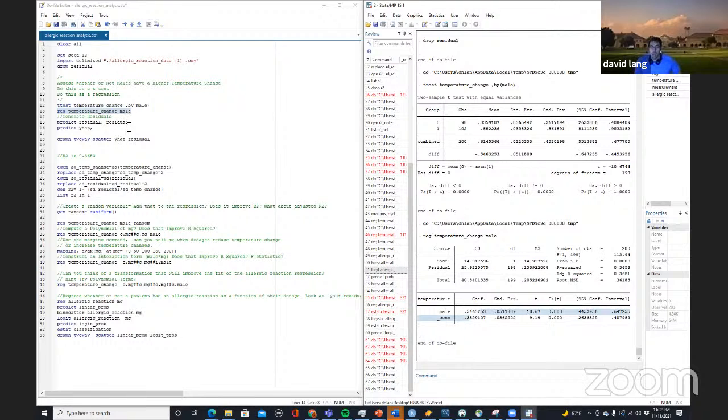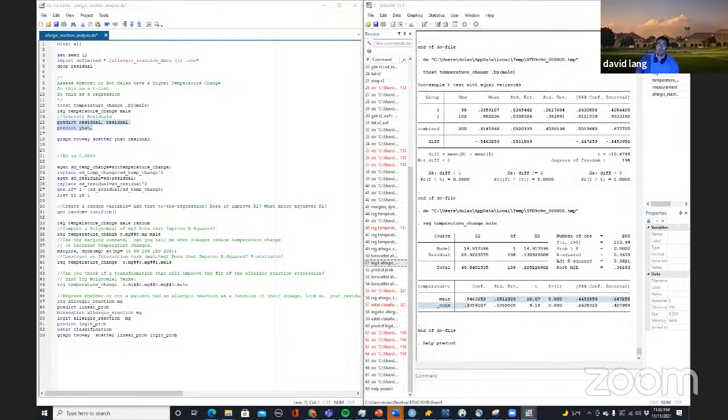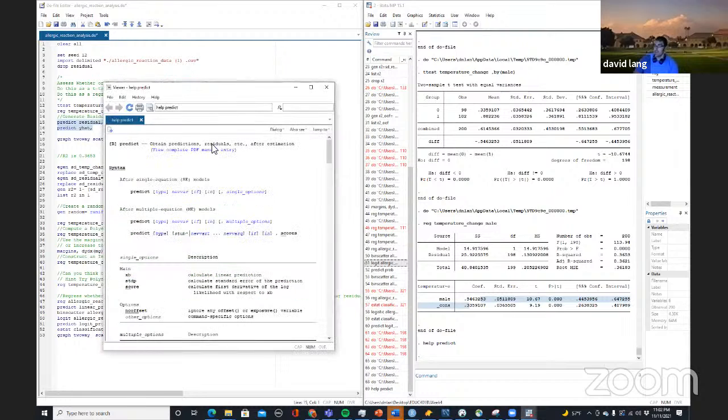With that, we can go through, we can generate residuals. I want to show you this command for a couple of reasons. The predict command is quite flexible, and you can generate a ton of related output to a regression.